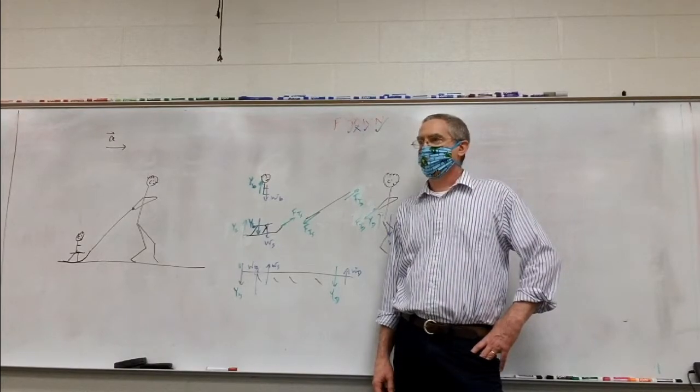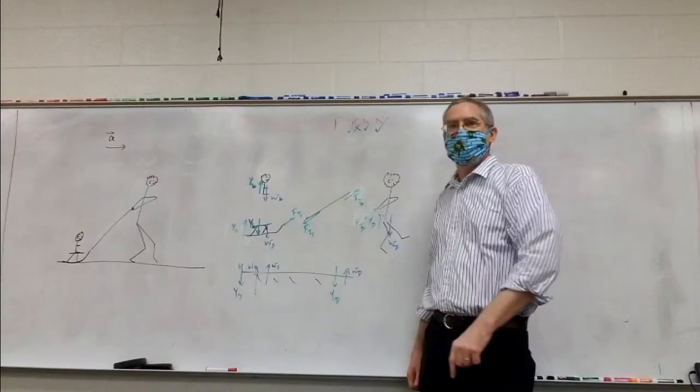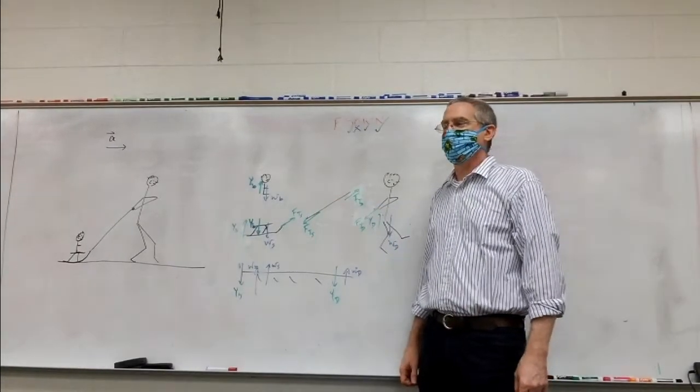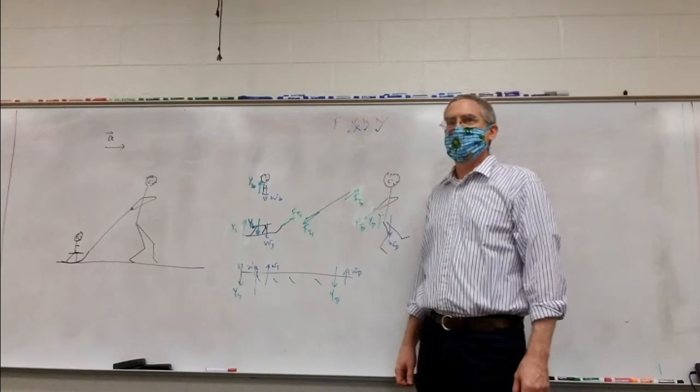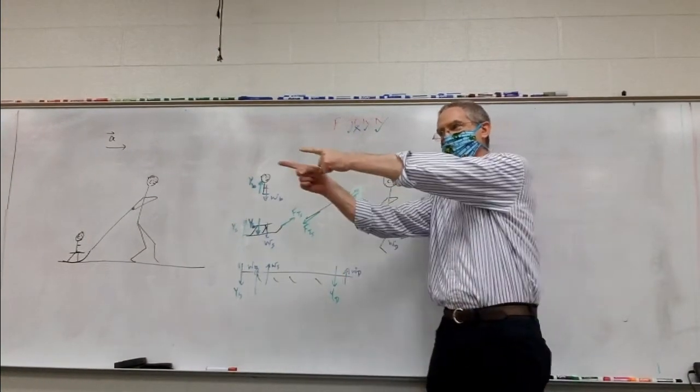To the left. That way. Up and down. We got three different answers. No, the sled is moving that way. Yes, the sled is moving that way. So friction is acting this way, opposite.